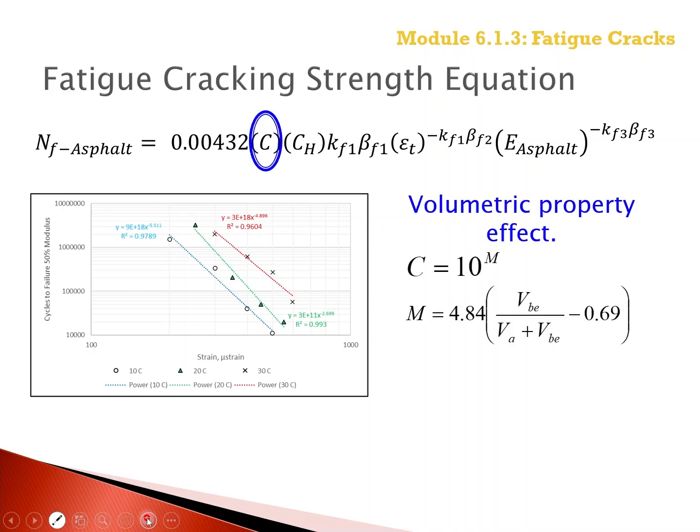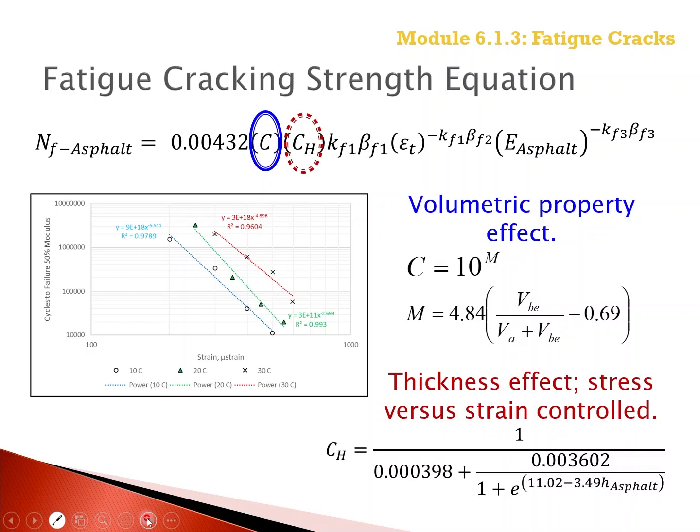The C variable is the volumetric property effect and is dependent on the effective asphalt content by volume and the percent air voids of the test specimen. So the fatigue strength or allowable number of load applications to failure in the laboratory will also be dependent upon the air voids and asphalt content of that beam specimen.